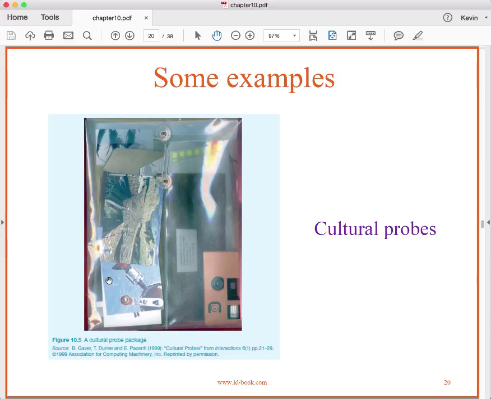And it's a pretty cool idea because it can become a learning experience even for the people that you're trying to study, right? So it's a pretty cool idea. Whether you're going to be able to use this in some kind of a systems requirements context, I'm not sure. But it's a very interesting idea.